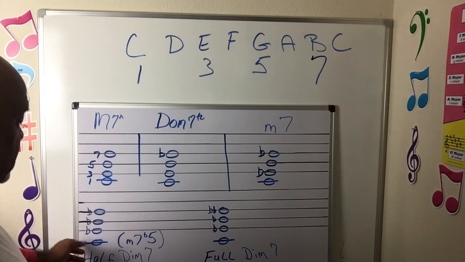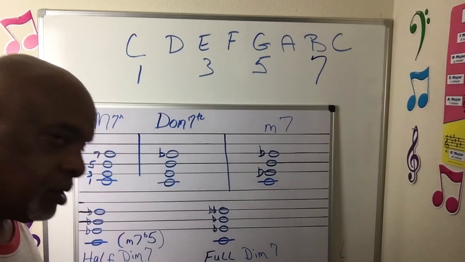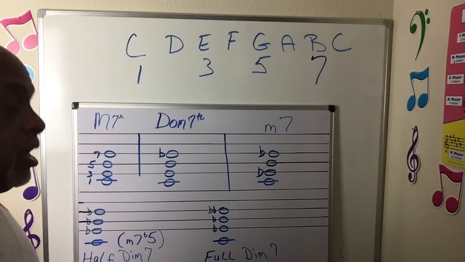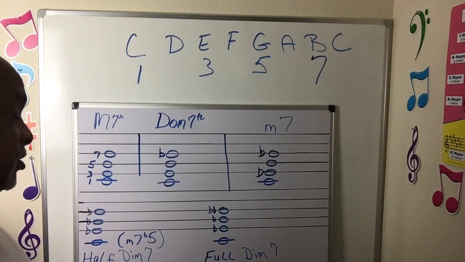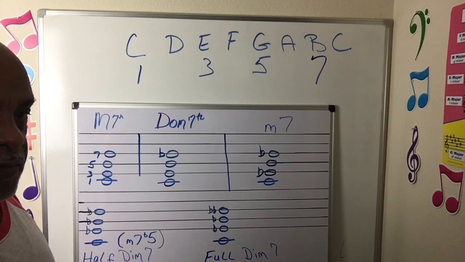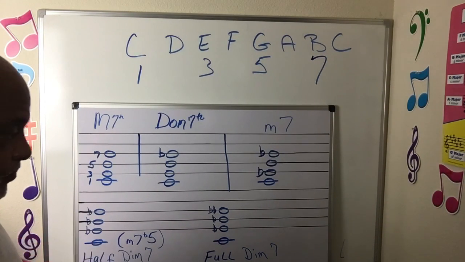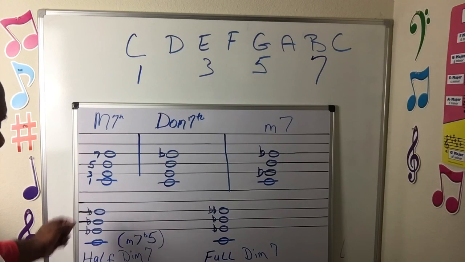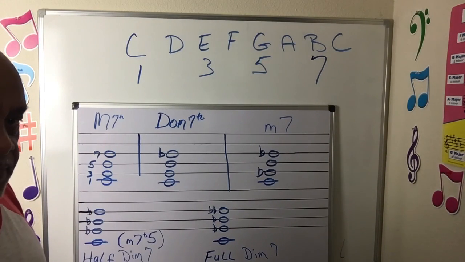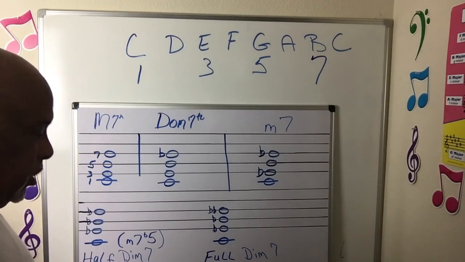Then you lower the 3rd, the 5th, and the 7th, and that's going to give you a half diminished, or in some cases, some people call it a minor 7 flat 5. One more time, you lower the 3rd, the 5th, and the 7th, all three a half step. That's going to give you a half diminished.